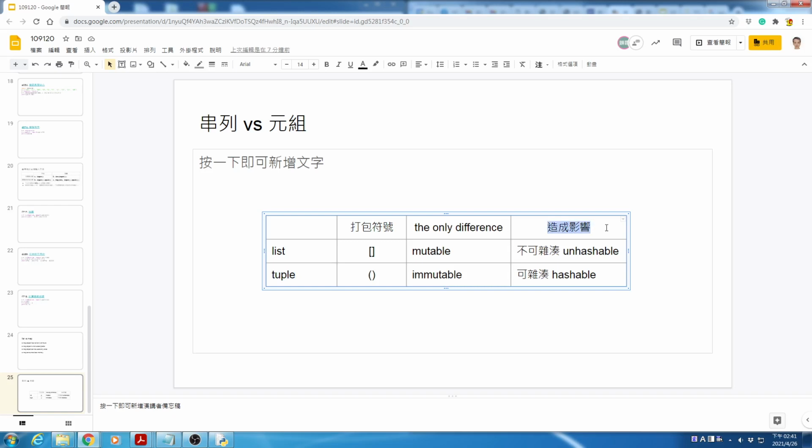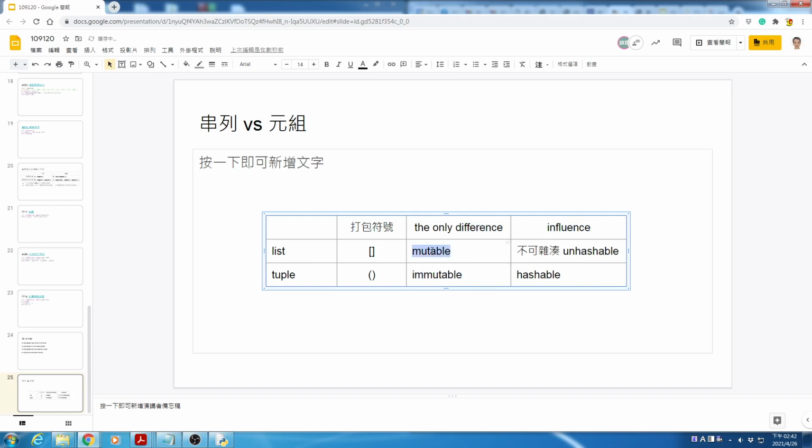Well, what does it say in English? How do you say it in English? What is the influence of that difference? When something is immutable, that means it is actually hashable.